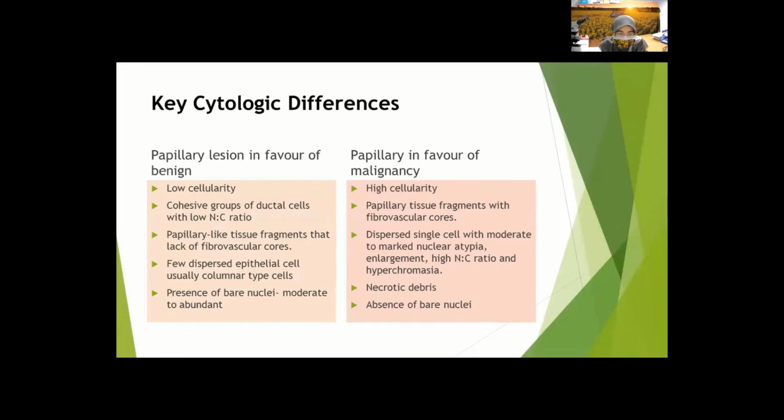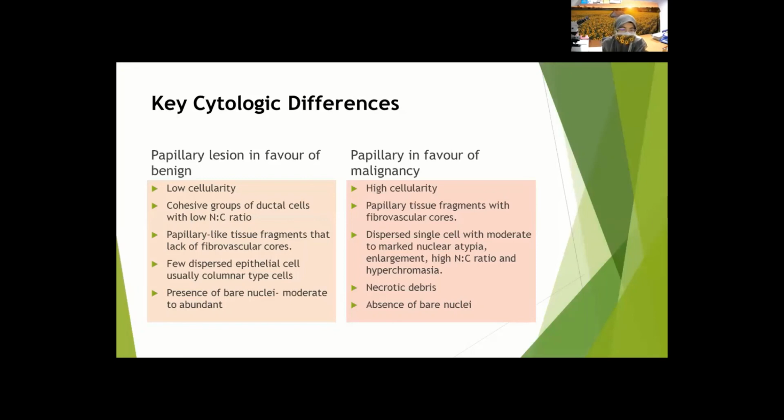Basically, what are the key cytology differences that help us decide whether this is a benign papillary lesion or a malignant papillary lesion? For benign lesions, usually the cellularity is low.